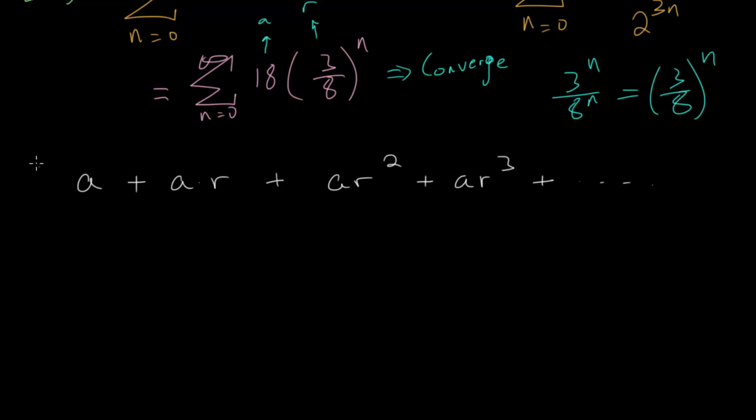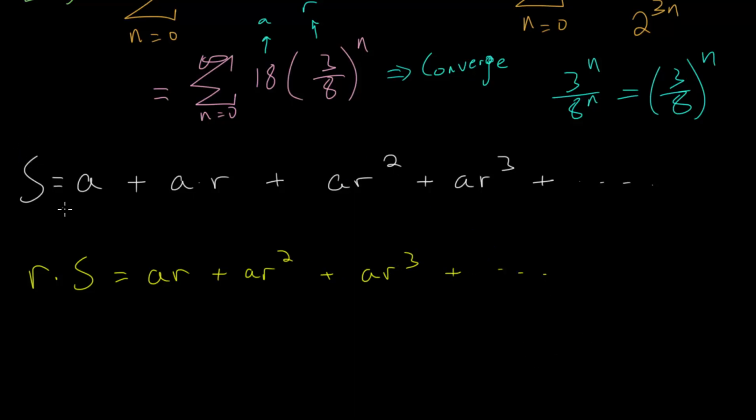If we call this infinite sum s, we can rewrite a new sum where we take this sum here and multiply it by the common ratio. So we can multiply s by r, and essentially that r just distributes to everything. We get a times r here, a r squared here, a r cubed here, and so on.